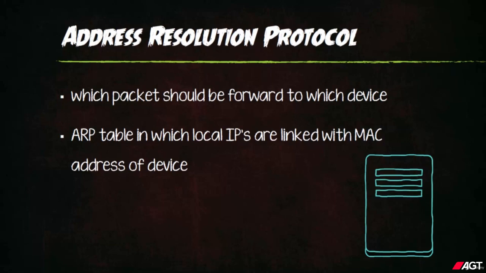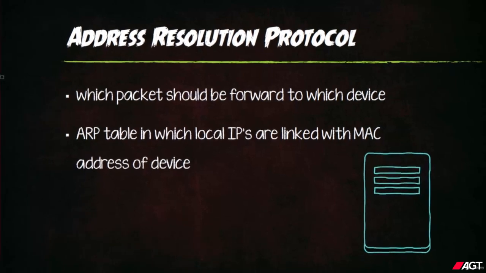So the router maintains a table known as ARP table. In that table, the router maintains physical addresses, known as MAC addresses, with the IP addresses. So in the ARP table, local IP addresses are linked with MAC addresses of the devices, right? This is how the router knows which request is coming from which IP address and where the packet should be forwarded, right?